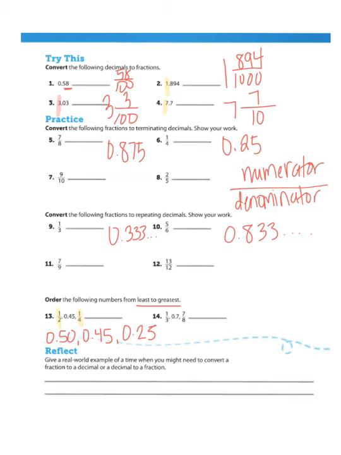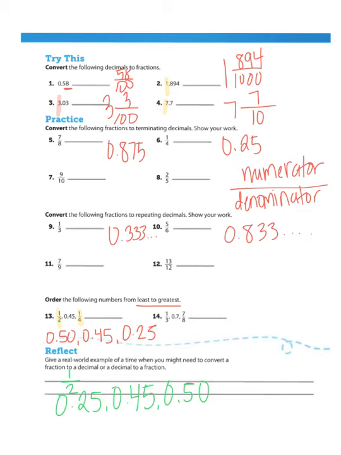So what's my smallest decimal here? My smallest decimal would be, and I'm going to do mine down here, 0.25. My next smallest decimal would be 0.45. And my greatest decimal would be 0.50. So here's my 1/2.